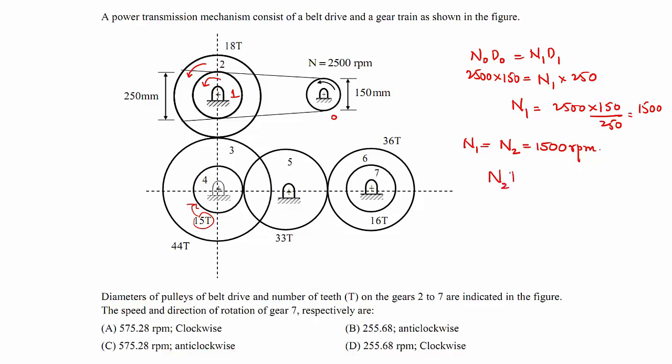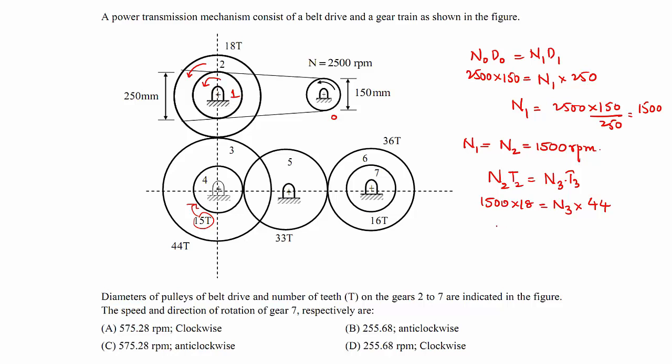So speed of 2 into teeth of 2 is equal to speed of 3 into teeth of 3. Speed of 2 is 1500 and teeth of 2 is 18, equal to N3, which is not known, T3 is 44.